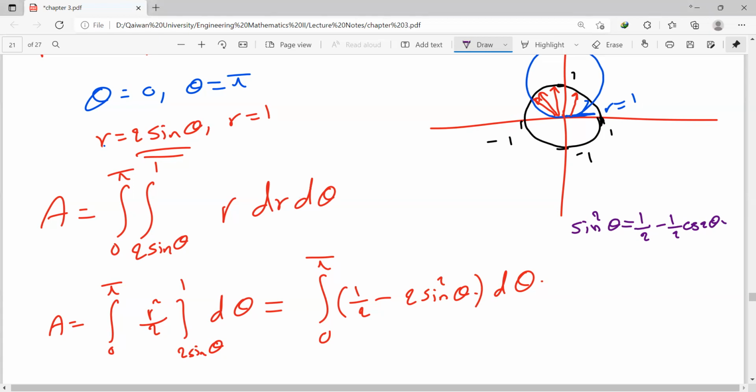It's a half minus a half of cosine 2 theta.